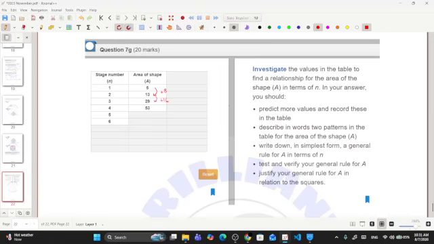Then there is a difference of positive 16. Then there is a difference of positive 24. Then here should be a difference of 32. And here should be a difference of 40. So 53 plus 32 gives me an answer of 85. And 85 plus 40 gives me an answer of 125.